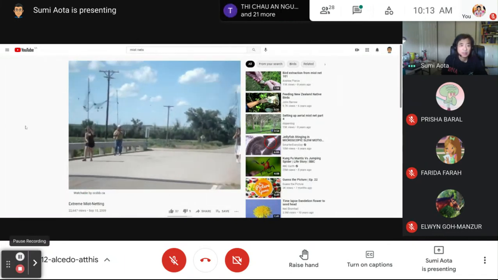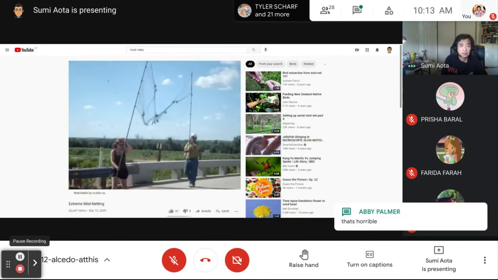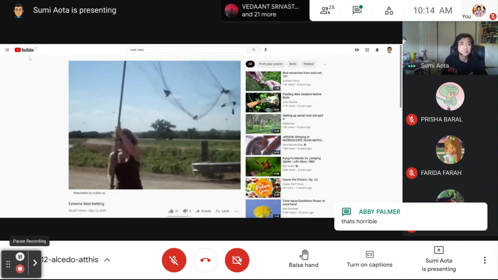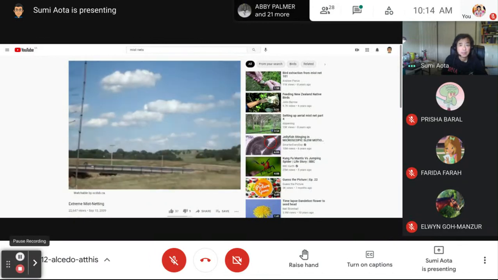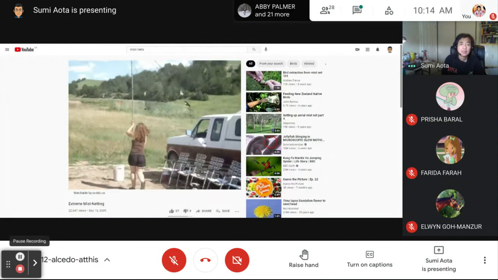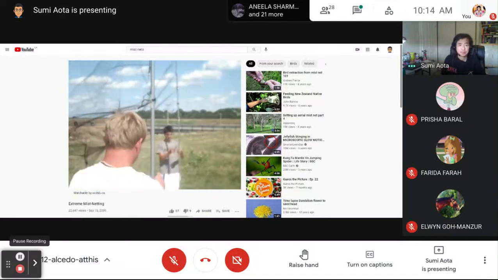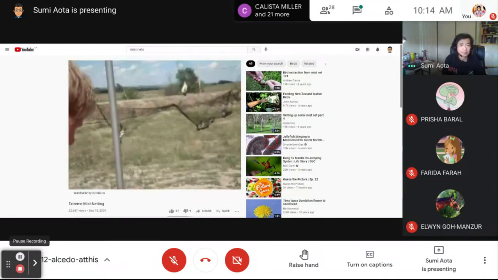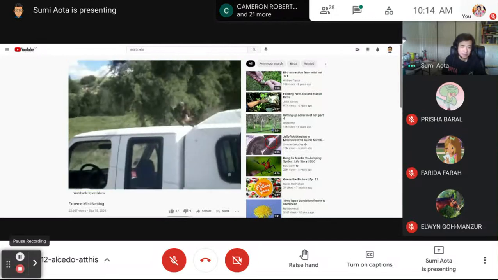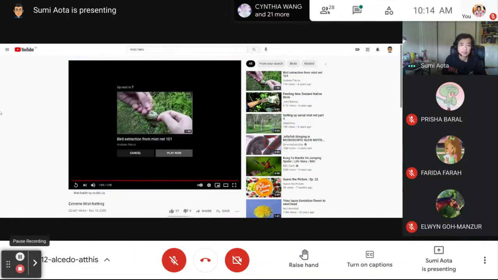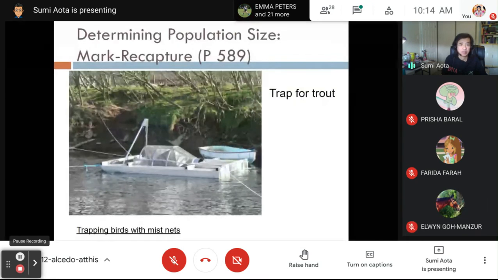See the birds trapped in the mist nets. It's actually a fairly humane way of tagging birds because the birds aren't harmed, and then you basically release them and band them. Okay, so that's mist netting.